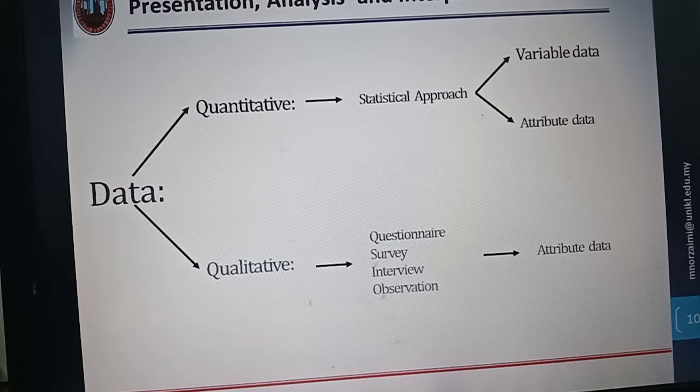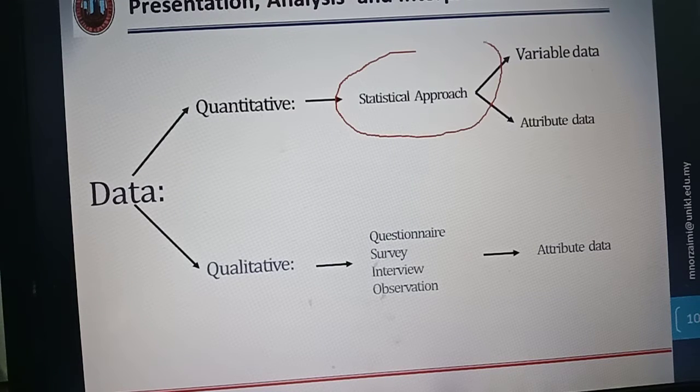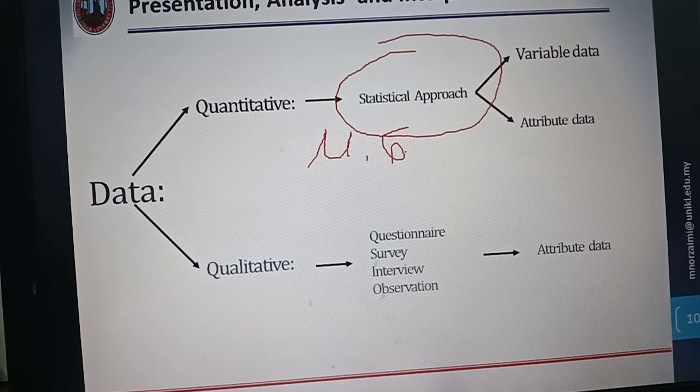Okay, what is quantitative, what is qualitative? Quantitative, normally researchers will use the statistical approach. What is the statistical approach? Okay, statistical approach is talking about the mu, talking about the standard deviation. What is mu? What is standard deviation?